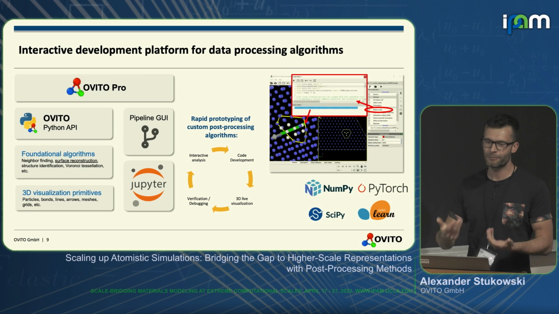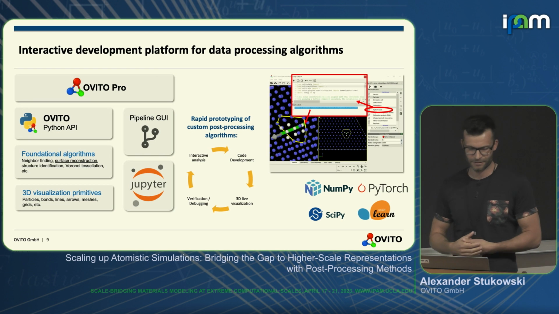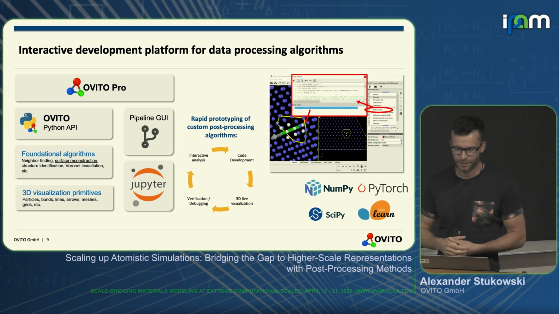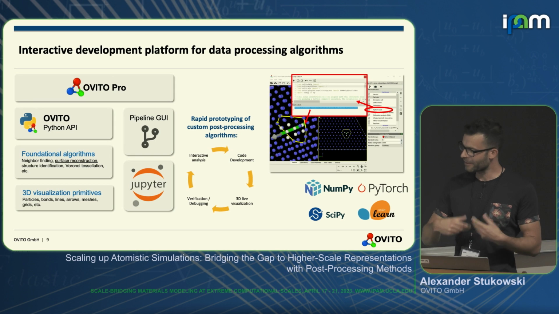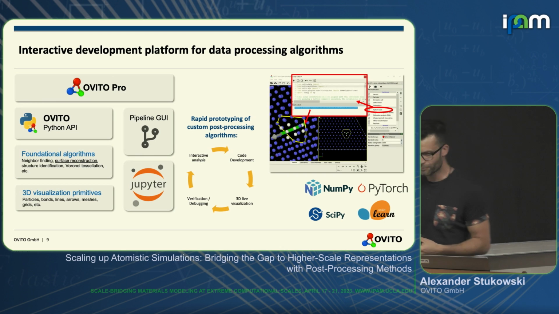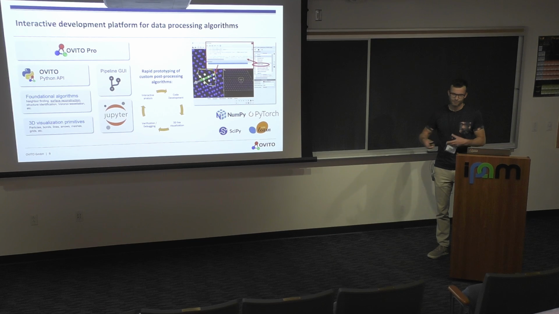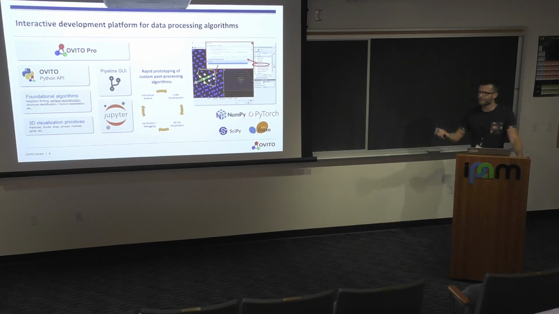We have the very comprehensive Python API, and we have visualization capabilities. So you can write Python-based analysis functions and directly visualize the results of these algorithms. Of course, you can also incorporate the whole packages from the Python ecosystem, integrate machine learning procedures and things like that.